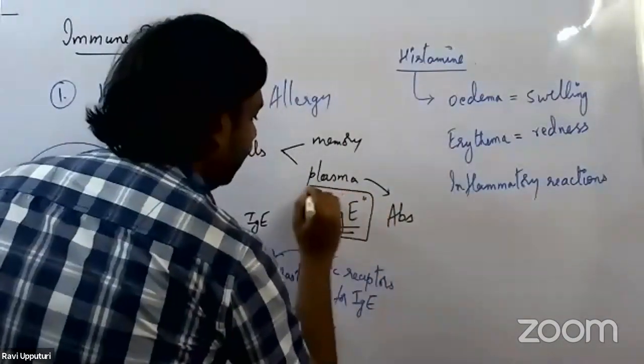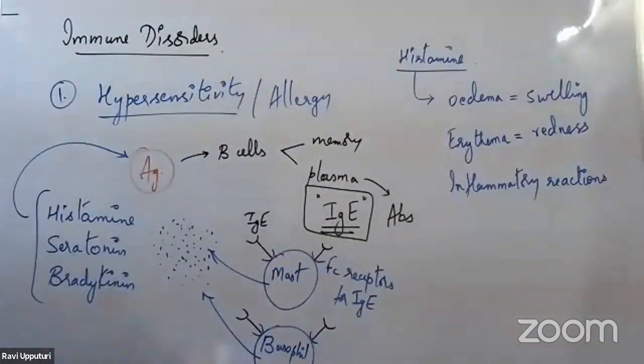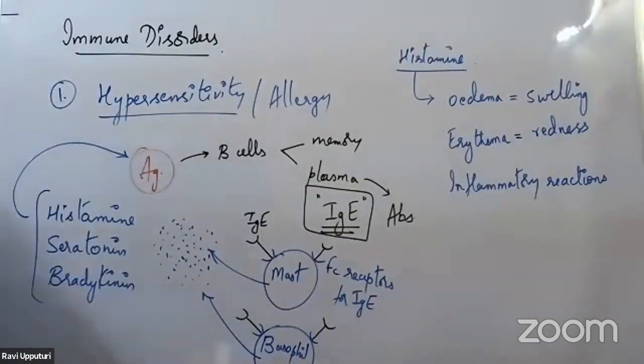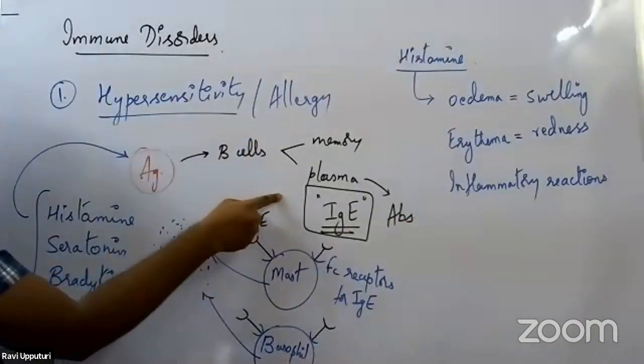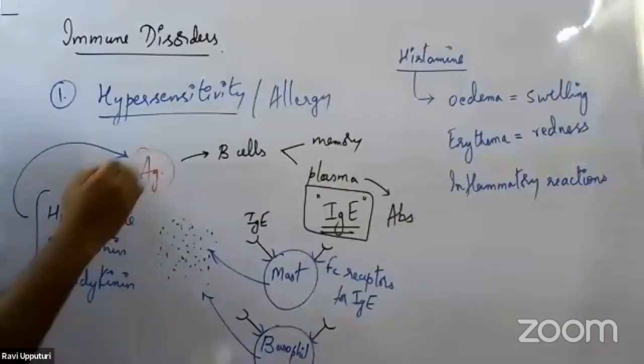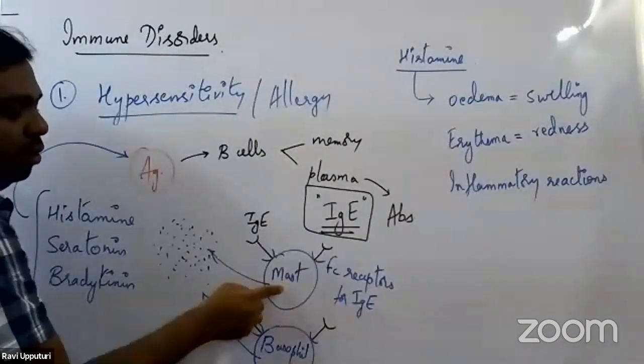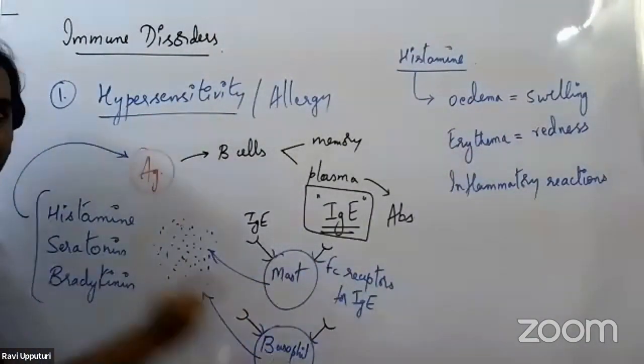The type of antibody synthesized against the allergen is the IgE class of antibody, immunoglobulin E. Now, this IgE type of antibody is always a membrane-bound antibody. They have their Fc receptors present on the membranes of mast cells and basophils.